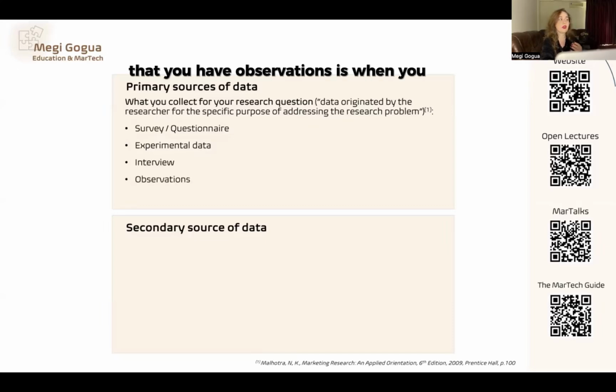Observations are when you are just a side observer of a problem which is happening, for example a business situation, and you try to collect the data which is relevant for your particular research question. And there are also other things, but they are less used and less prominent than the ones I just listed.